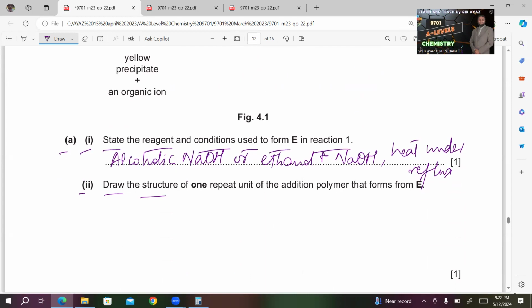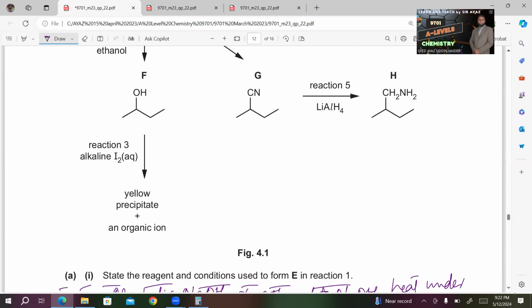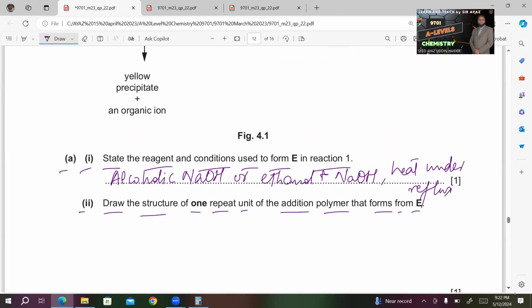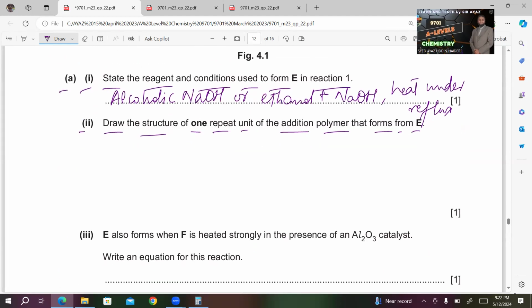Number 2, draw the structure of one repeat unit of the addition polymer that forms from E. What is E? Here is E. It's an alkene, butene, 1, 2, 3, 4, but-2-ene.